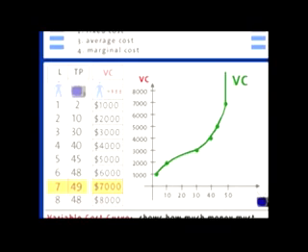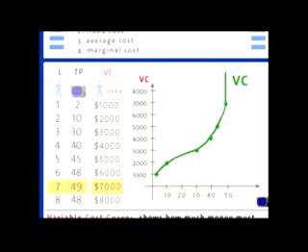Now that we've got the variable cost curve, I want to show you a little trick using another set of graphs that represents the relationship between productivity and cost. Remember, I told you that relationship is inverse. Productivity and cost vary inversely.